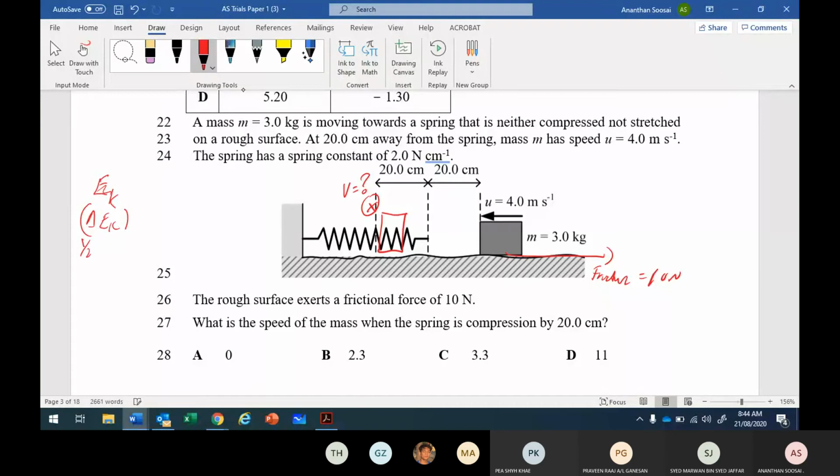In other words, half mv squared minus half mu squared is the change in kinetic energy.